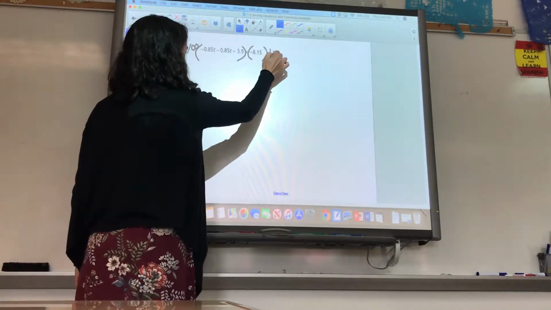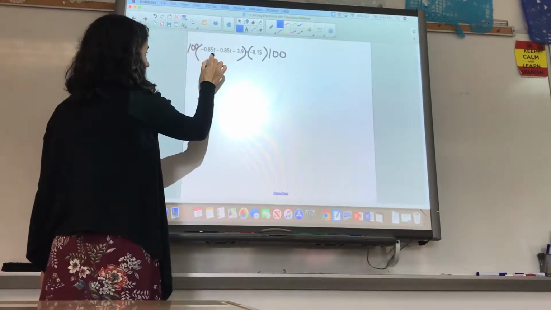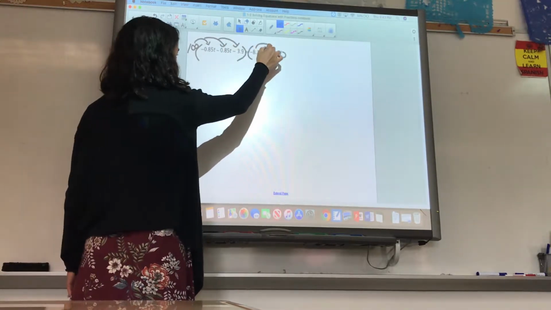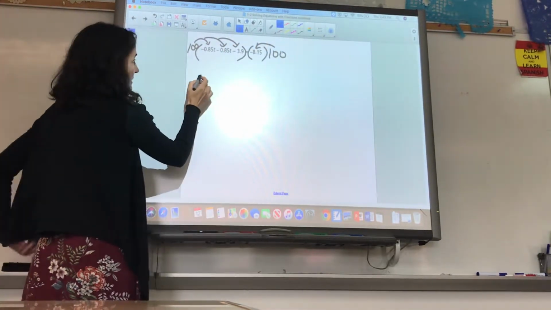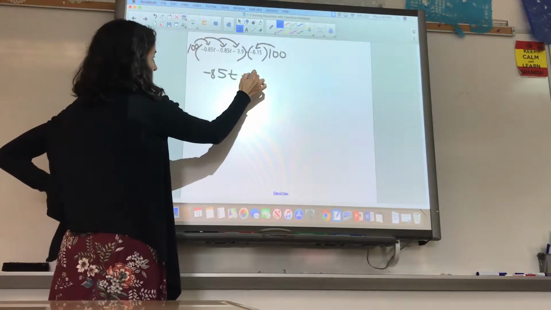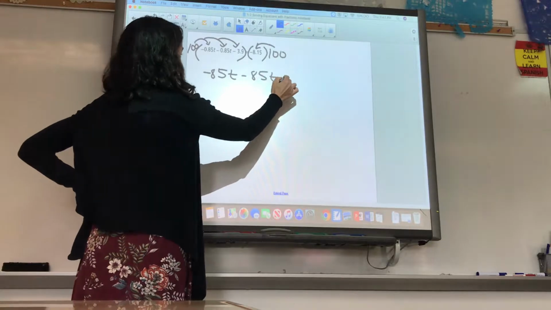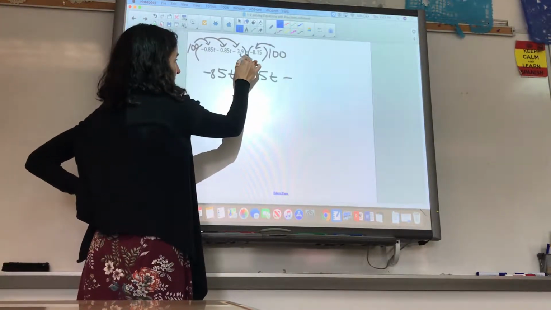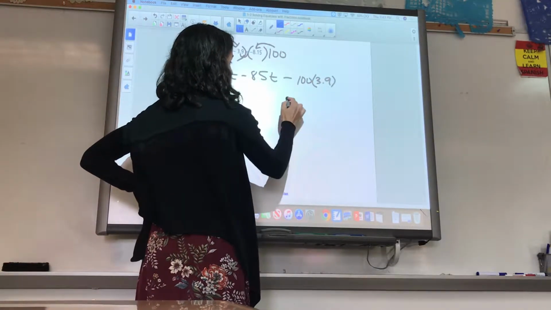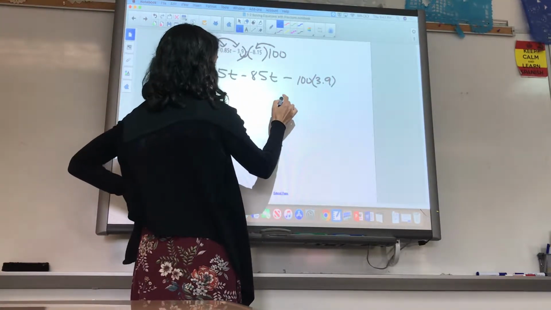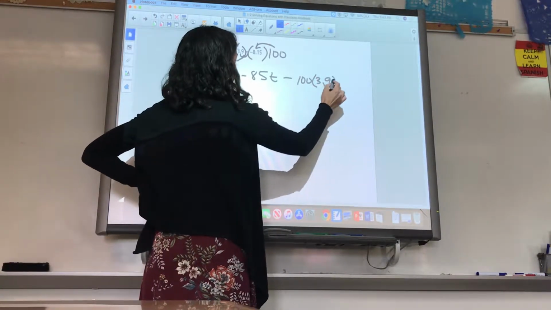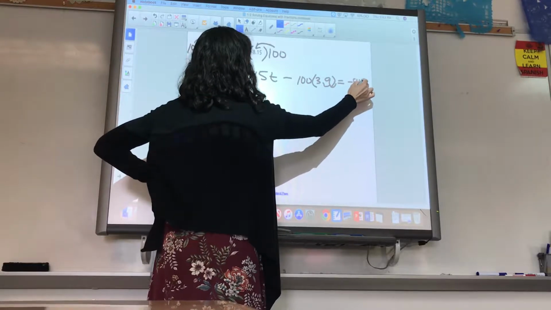By doing that, I can move the decimal places over in every single number by 2 places, therefore having no decimals left. All right, so I have negative 85t minus 85t minus, this time we have to add a 0 because 100 times 3.9 is 390. So move the decimal place 2 places. And that equals negative 815.